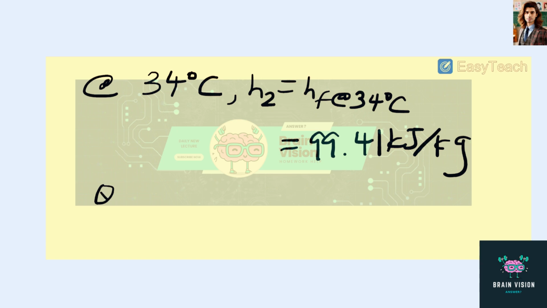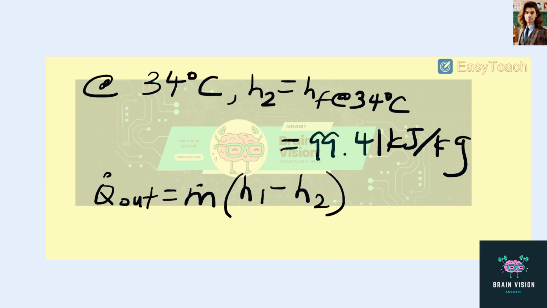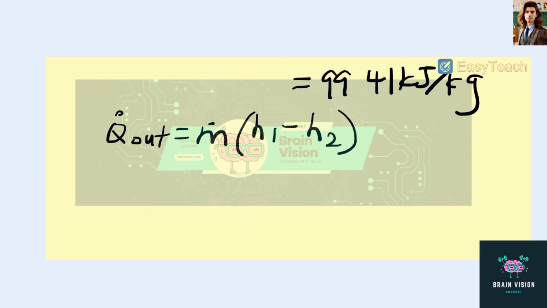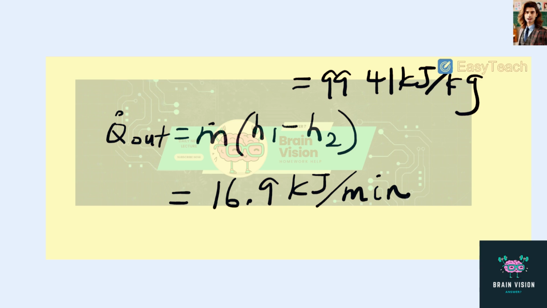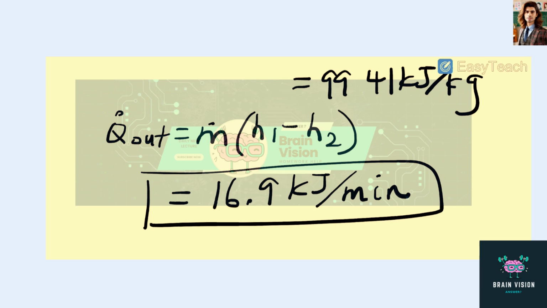Now Q out is equal to m dot (h1 minus h2). As I said before, h1 is just hg, so solving for Q out gives us 16.9 kilojoules per minute. So this is our Q out when our exit temperature is 34 degrees C.